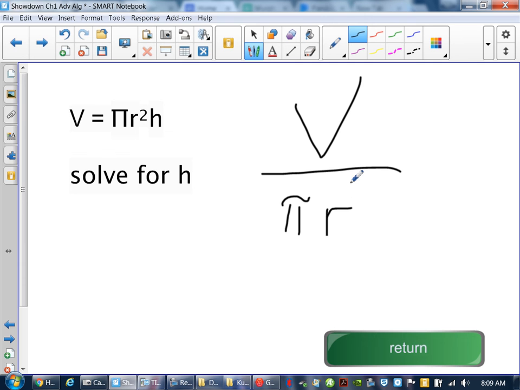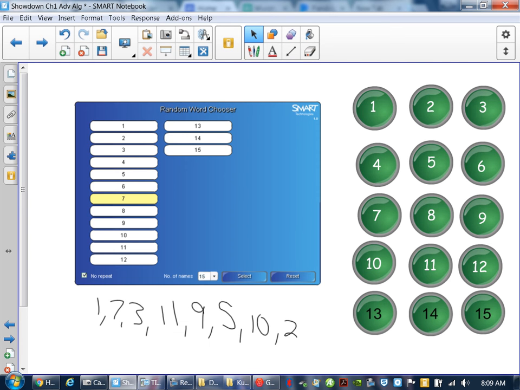It's sad. My handwriting is like a whole unit. That's 2 equals H. Solve for H equals V. Oh, don't argue with me. It's gonna be a great year, guys.